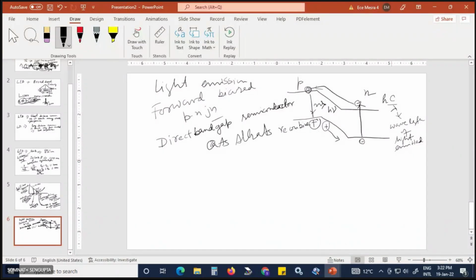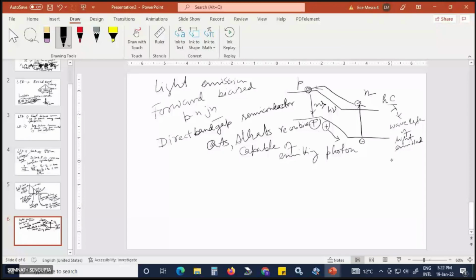These are all direct bandgap semiconductors, and they are capable of emitting photons, while other semiconductors emit heat energy.